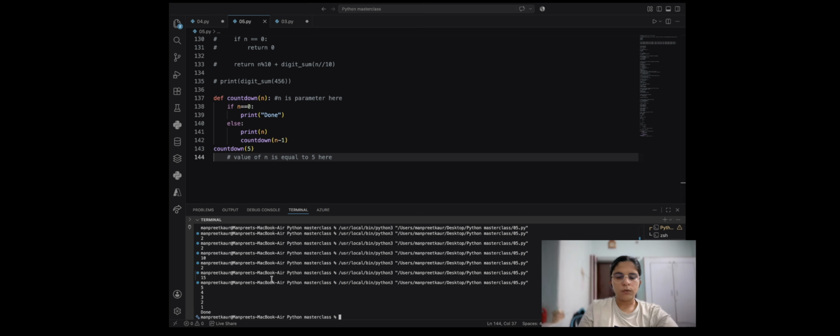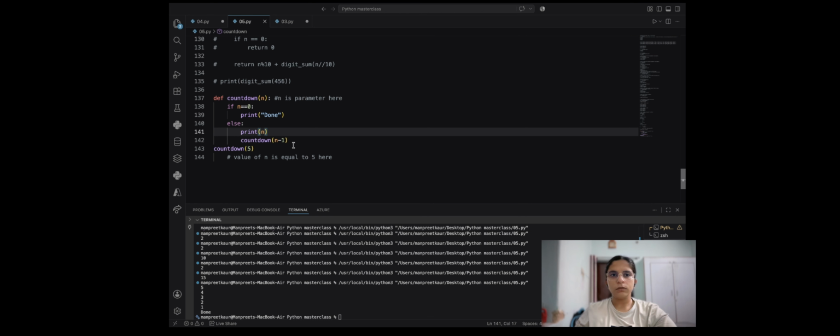5, 4, 3, 2, 1. First it checks that 5 is not equal to 0, so the else part runs. After that, n minus 1, that means 4. It checked if 4 is equal to 0. No, so it printed 4. Then 3: is 3 equal to 0?